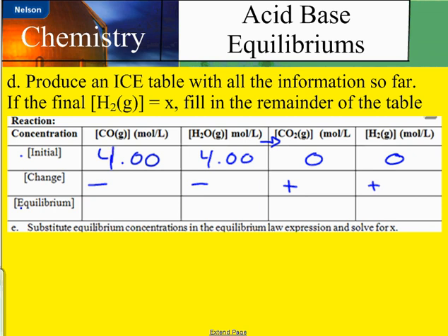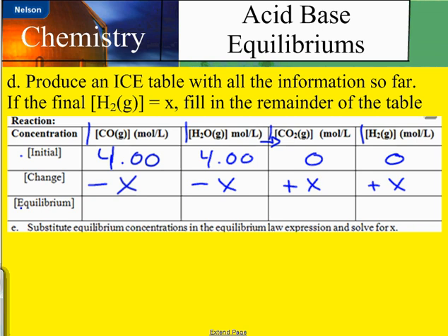So if I say that carbon monoxide is going to decrease by X moles per liter, because these are a 1-to-1 ratio, then the H2O will also decrease by X moles per liter. We can use the mole ratio then to figure out what my products are going to increase by. And again, they're both at a 1-to-1 ratio. So we're going to have plus X moles per liter.